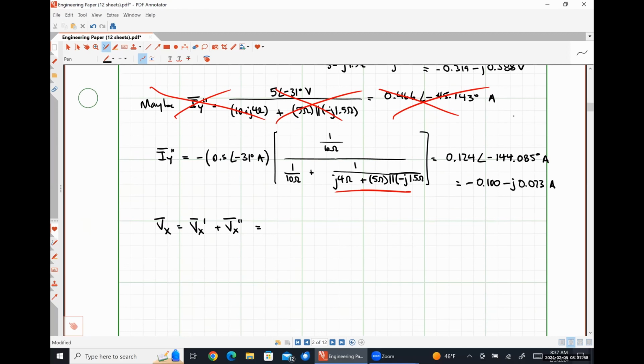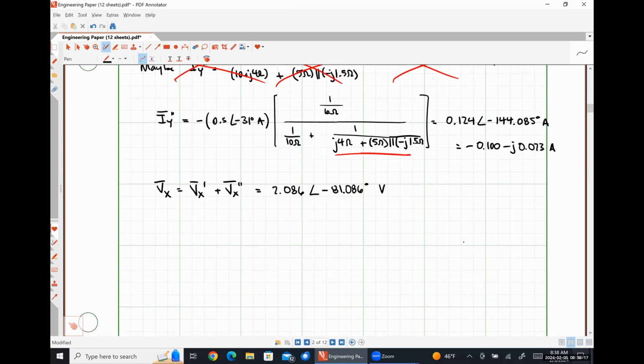And the result is 2.086 with an angle of negative 81.086 degrees. And IY is just going to be IY prime plus IY double prime.